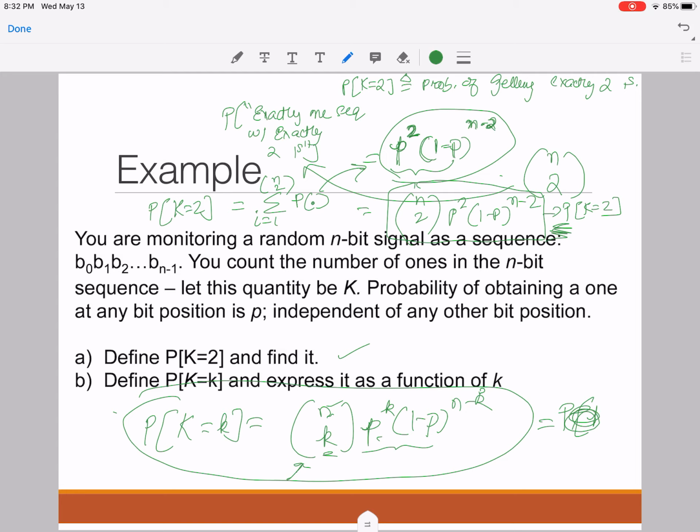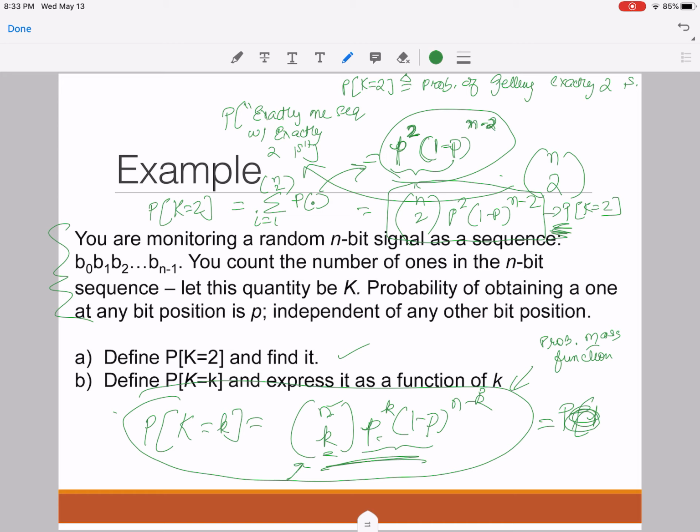Specifically, we have derived a probability mass function, which gives us a generalized probability equation for this particular experiment where I am monitoring an n-bit sequence. I can plug in different values of k and obtain different probabilities.